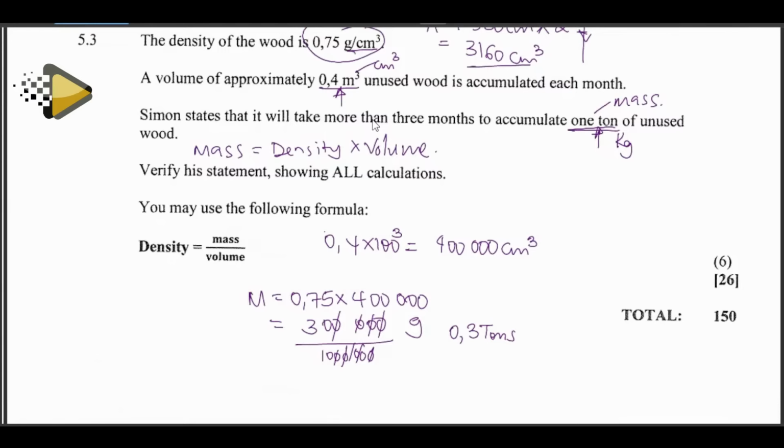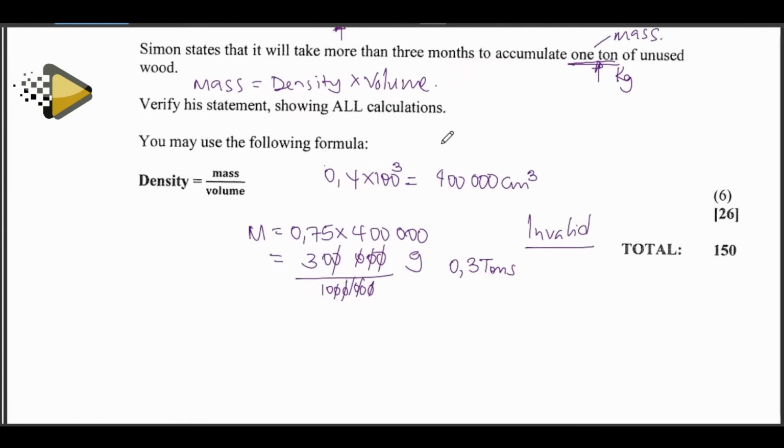Approximately 0.3 tons is accumulated each month. Simon said that, so it becomes invalid? Because if this is accumulated each month, he states that it will take more than 3 months. No, it will take more than one ton.